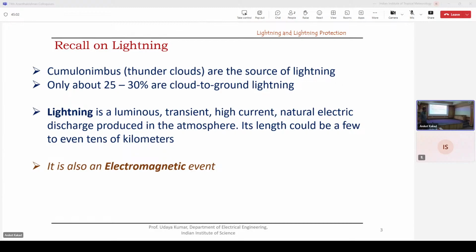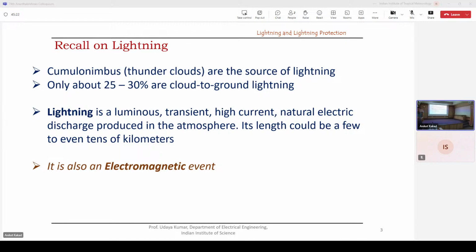Why I'm mentioning this again and again is that the people who go trekking see some discharges in the cumulus congestus. That is not part of our discussion because the currents involved are pretty small and the damage is minimal there. So we are talking about high current, long discharges in the atmosphere, mostly between cloud and the ground.